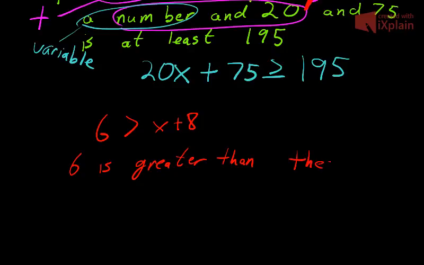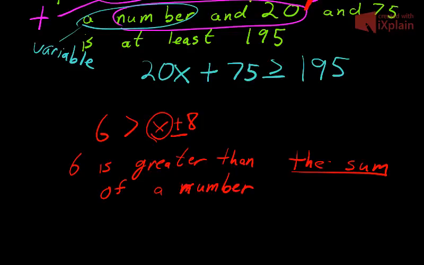So we're adding, so it would be a sum. Addition means the sum of a number. A number is our variable, which is going to be x here, and 8. So 6 is greater than the sum of a number and 8.